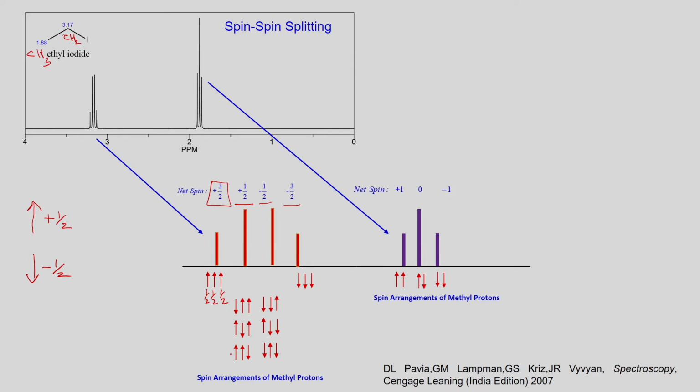So, what are the different ways it will be plus half? If there are 3 possible states, so it can either be this region. It means that this particular peak is 3 times more probable as compared to this particular state. So, 3 times more probable means 3 different states must be existing, but all of these states should equal to half.